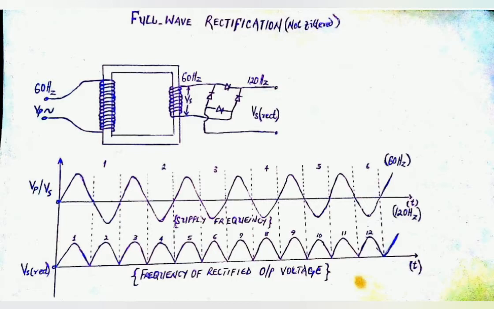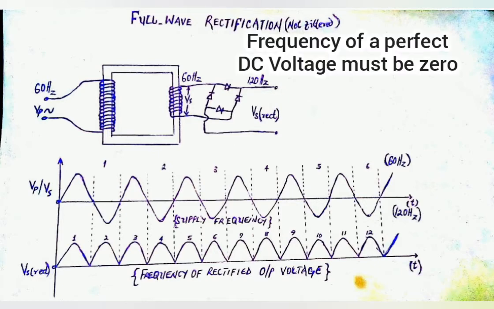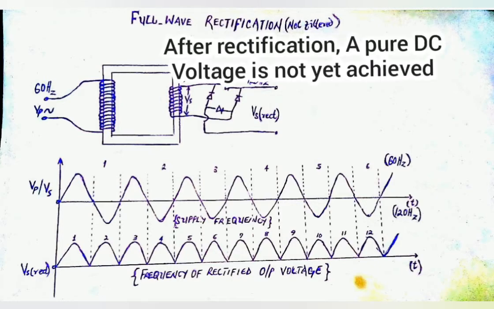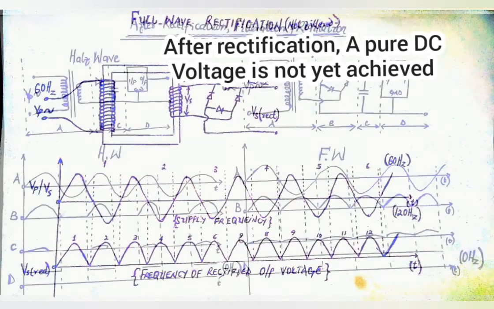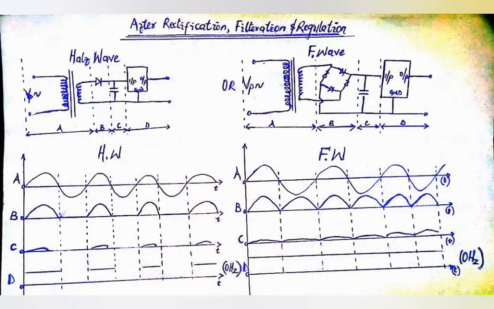We are still talking about frequency after rectification. But we have to remember that the frequency of a DC voltage must be 0. So, number 2 and number 3 observation implies that this rectified voltage is actually not suitable for DC use.